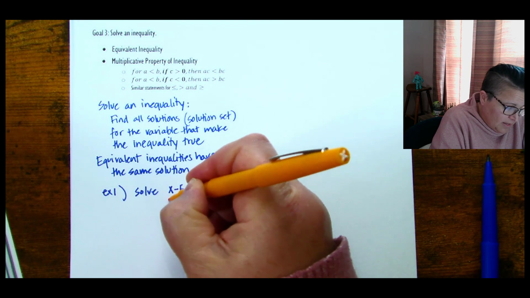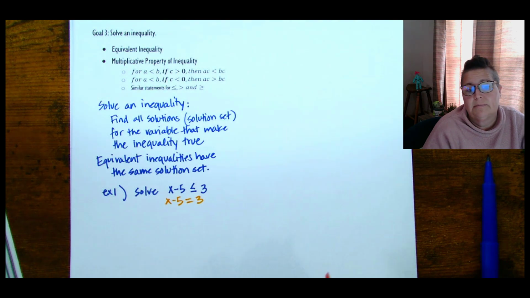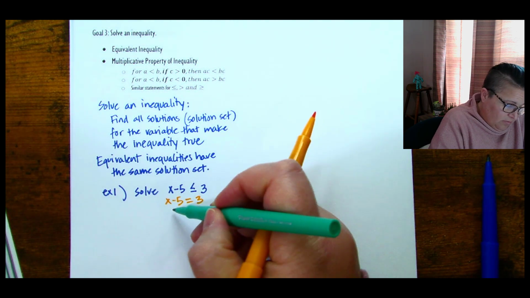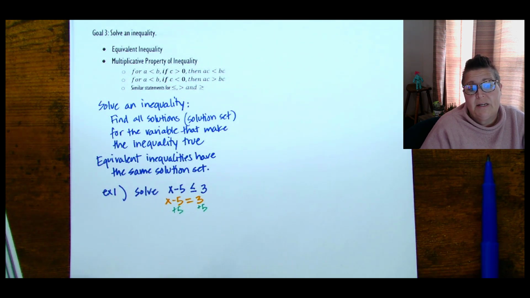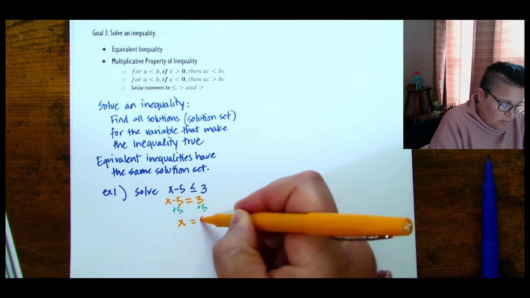We're going to think of this as x minus 5 is equal to 3. We just want to solve it like an equation. In our head, we want to make that substitution. So we are going to add 5 to both the left and right sides. And this gives us x is equal to 8.